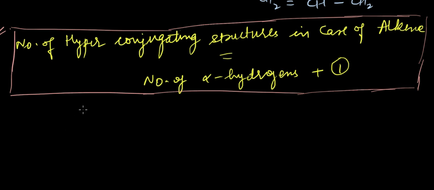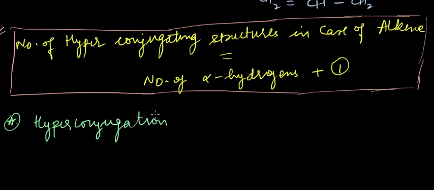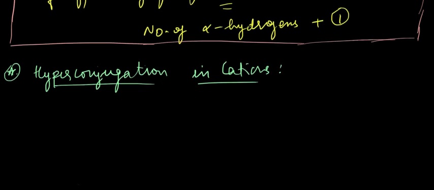So what about hyperconjugation in cations? Let us take an example of hyperconjugation in the case of cations. We have something like this structure.